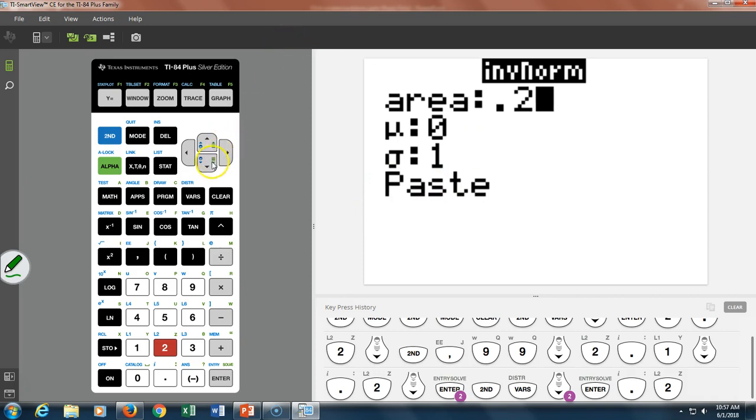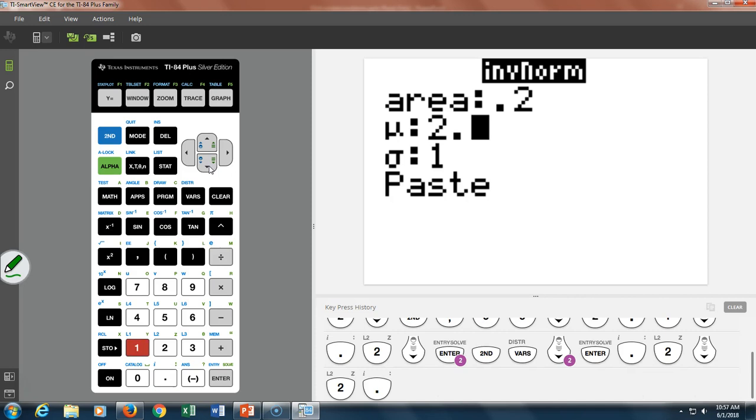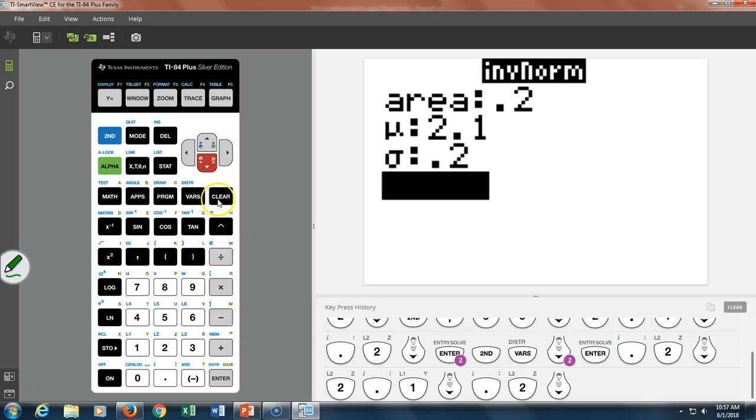Let's see. Our mean is 2.1. I'm just using my computer screen to type these in rather than how you all would do it over here on the left. And for the standard deviation, I have 0.2. All right, so let's just go down and enter that in.